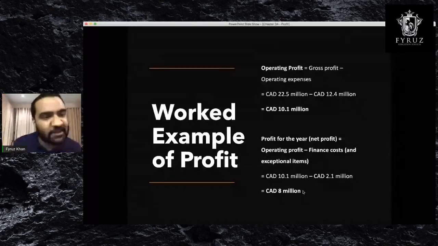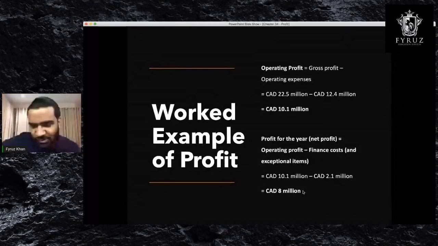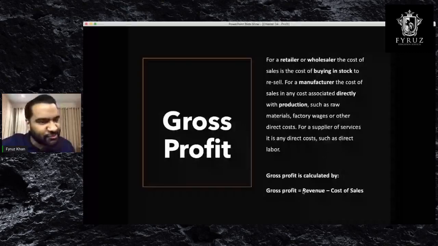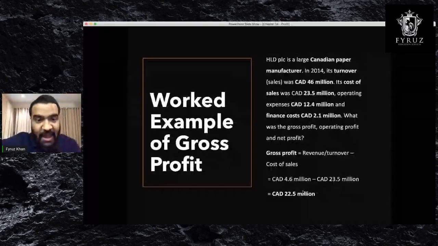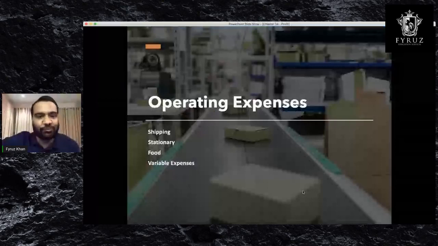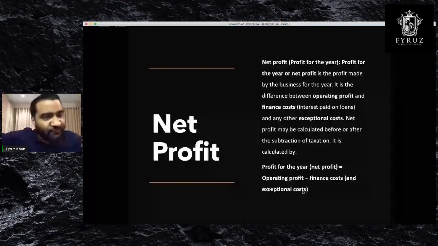So gross profit is just subtracting your cost of sales, so direct expenses, the expenses that are directly related to the product. And then comes your operating profit. Operating profit is minus variable expenses, operating expenses. And net profit is subtracting your finance cost.